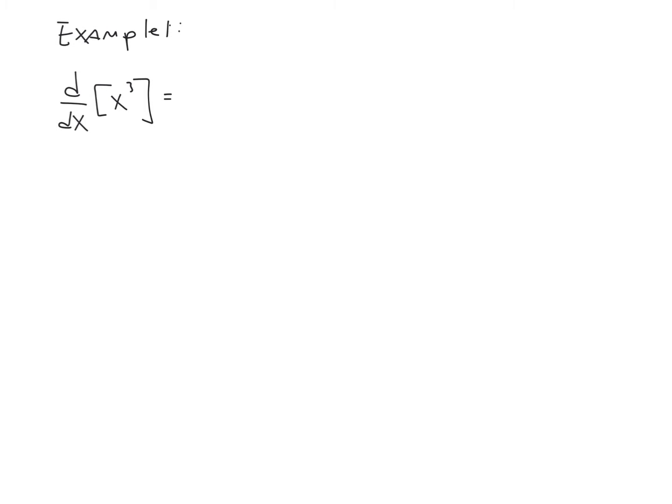Alright, so our first example just shows you, and you all know this, the derivative with respect to x of x cubed is going to be 3x squared. Where it gets a little different is if I take the derivative with respect to x of y squared, we usually take care of it the same way as the previous.